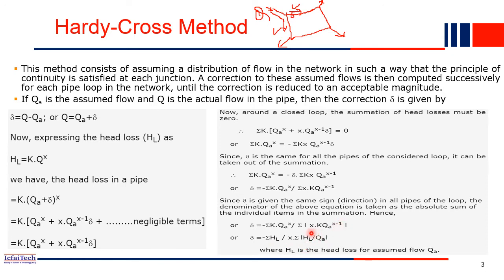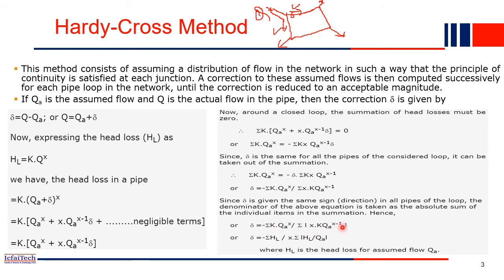So here HL is basically K into Q to the power x. Here K into Q_a to the power x minus 1 is there, isn't it? If you decompose x minus a, K Q to the power x by Q to the power a, we can write it that way, right? So K Q to the power x is again written as HL divided by Q to the power a.